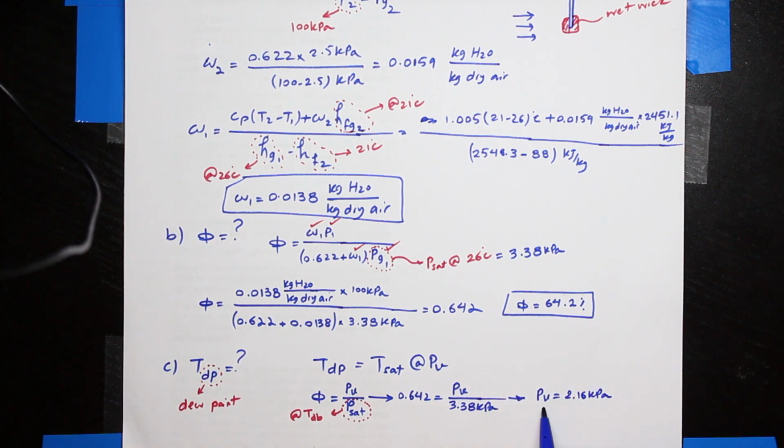But the reason that I found vapor pressure is because I want to use this vapor pressure to obtain the dew point temperature. The dew point temperature is the saturation temperature at the vapor pressure.